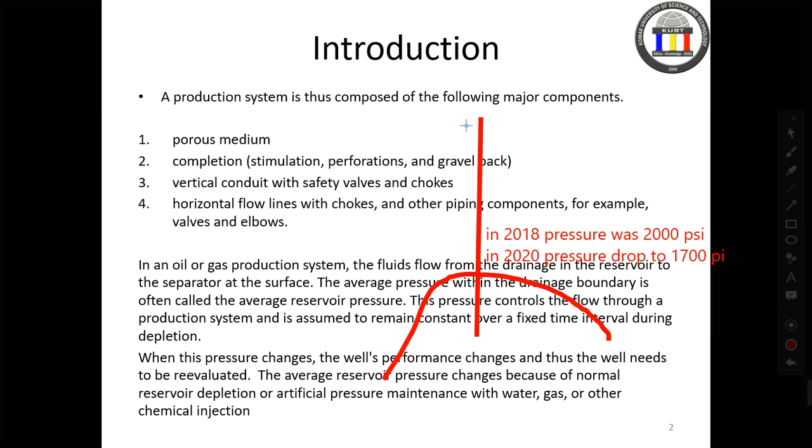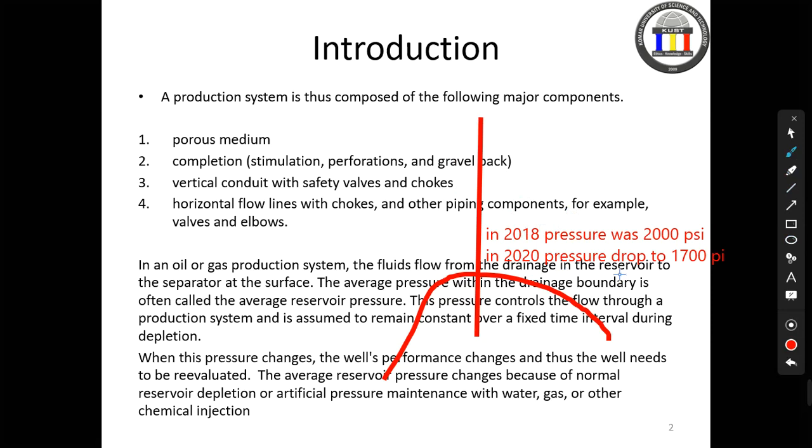All this completion string, the pipeline performance, the separator performance, the tubing walls, everything. And how do we reevaluate it? We do the nodal analysis. Usually we talk about the IPR and vertical lift performance.